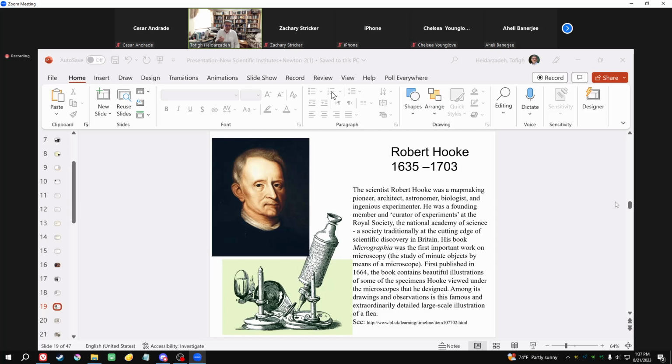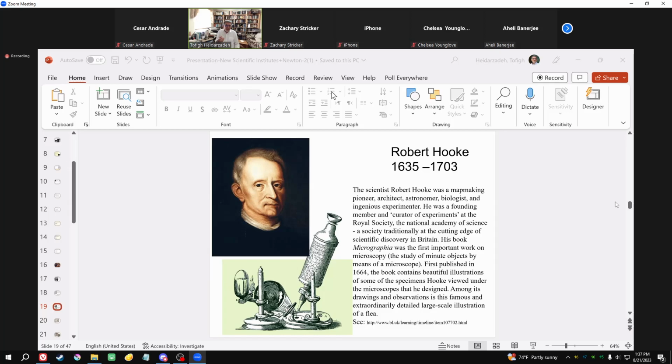They started to see things that nobody imagined could exist in the fine structure of matter. And one of the leading scientists who can be considered the father of microscopic investigation was Robert Hooke.